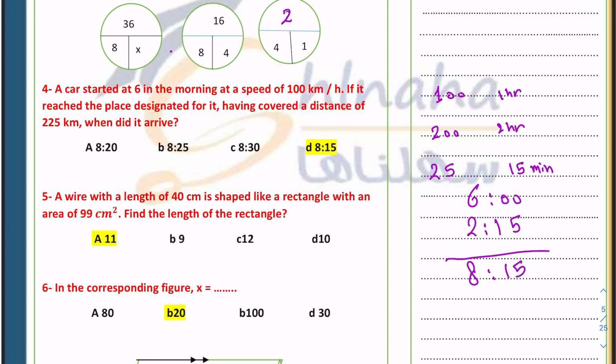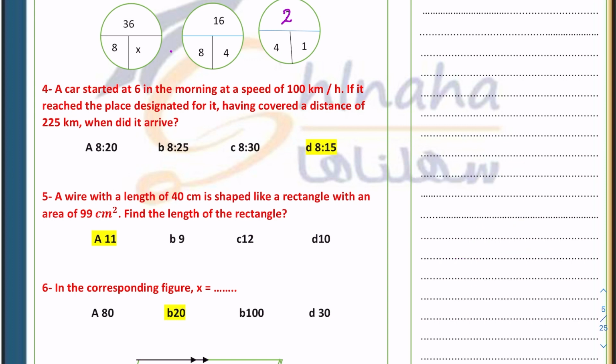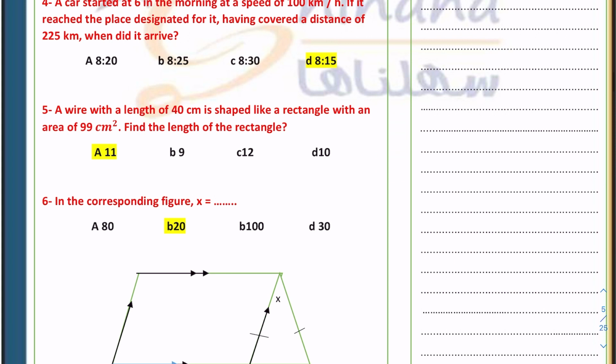Question number 5. A wire with a length of 40. This is the perimeter of the shape. We use it to make a rectangle with an area of 99. We solved a question like it before, many questions. We said the perimeter is 40, and we have many options for the area because the area equals length times width.